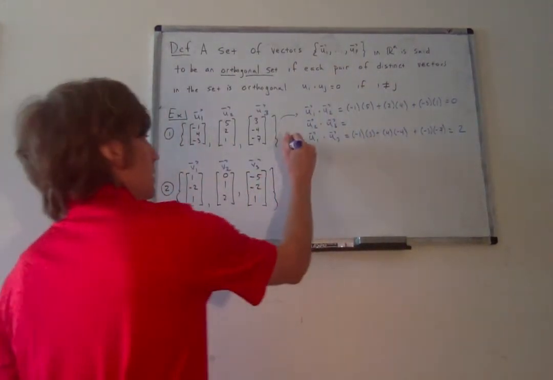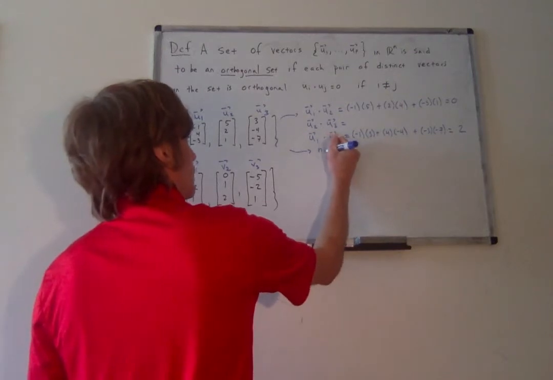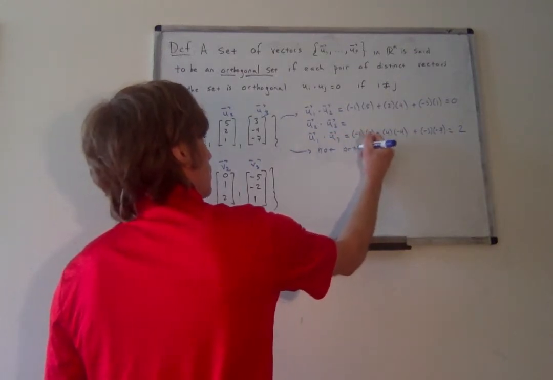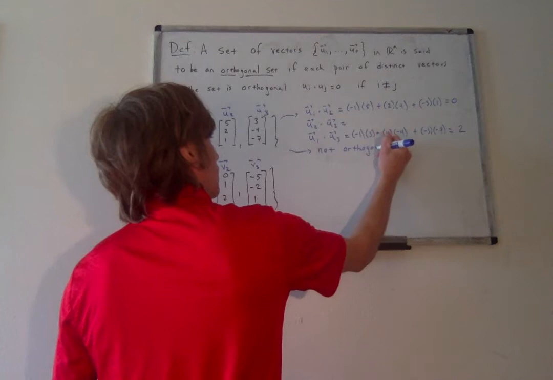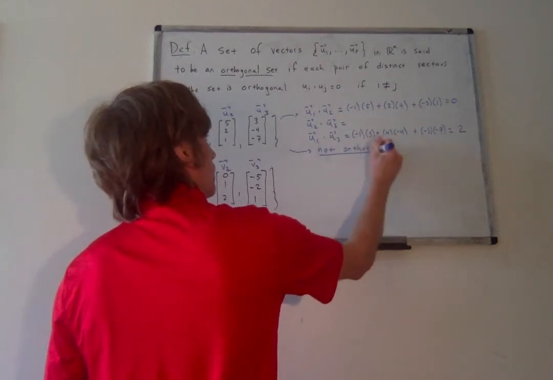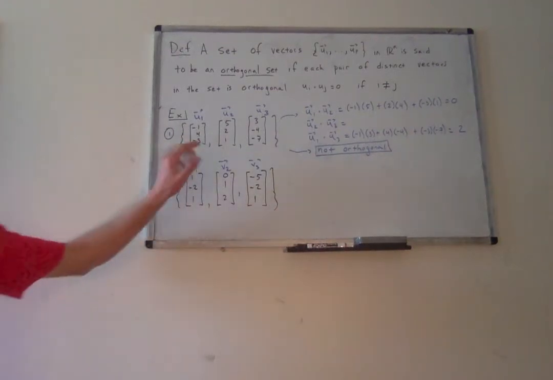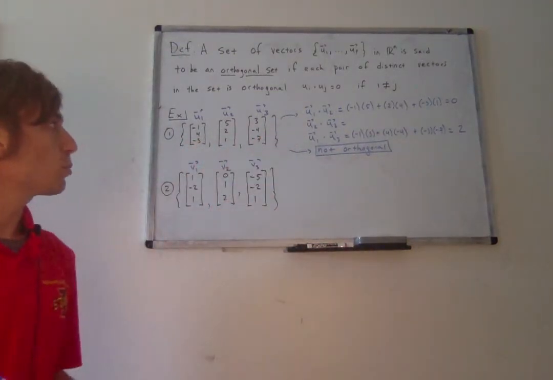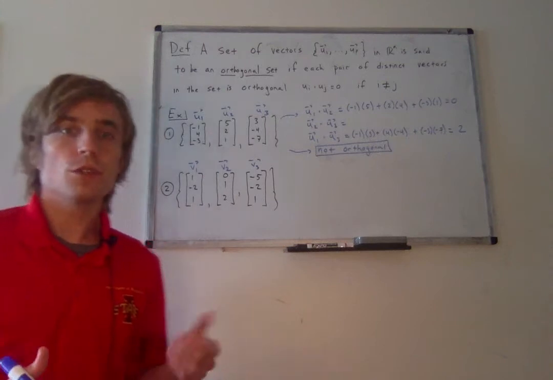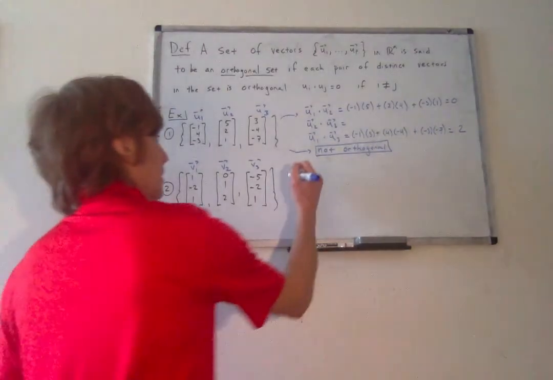And so we would say that this set is not orthogonal. Again, the reasoning here is that every pair of vectors in this set has to be orthogonal, not just a few. So now we can test the other set out.